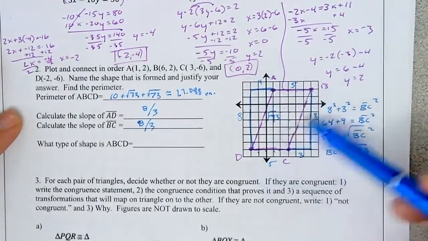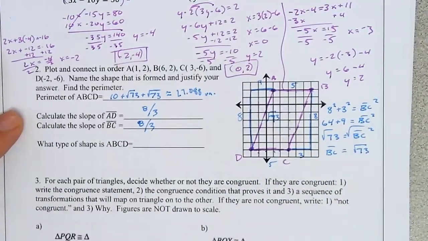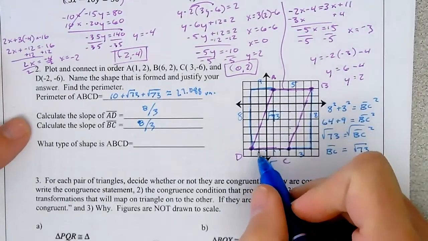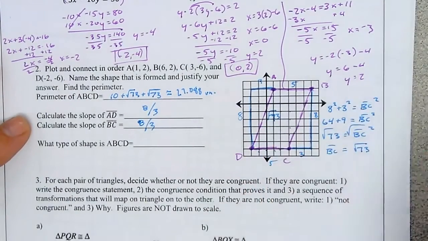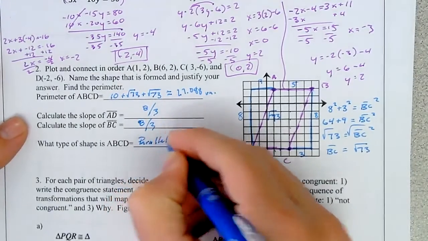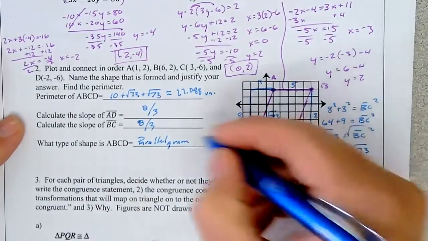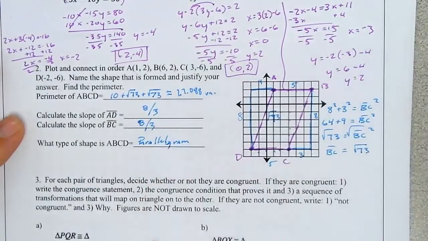So this side length is 8.5, this side length is 8.5, this is 5, and this is 5. So we know it's not a square. We should recognize it's not a rectangle because these aren't going to be 90-degree angles. However, since we have 2 sets of parallel lines, that would make it a parallelogram.